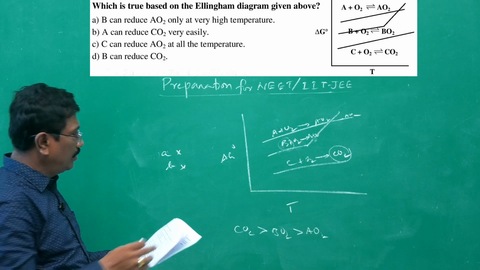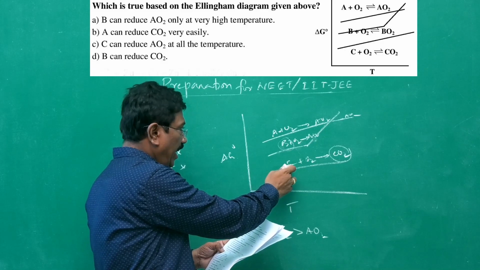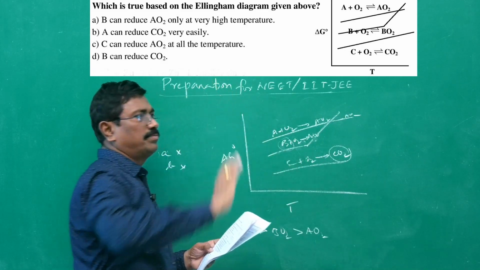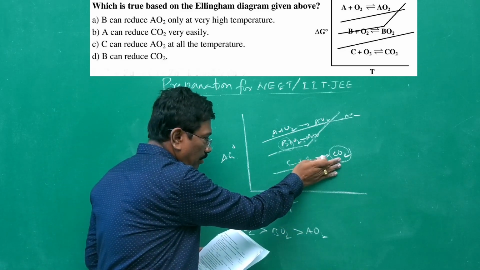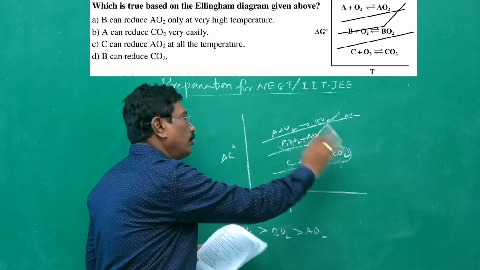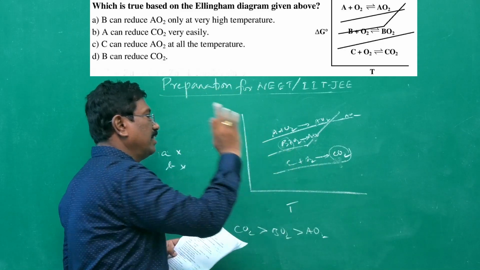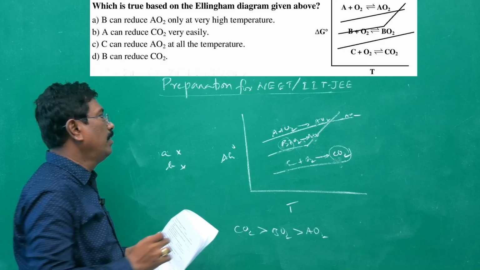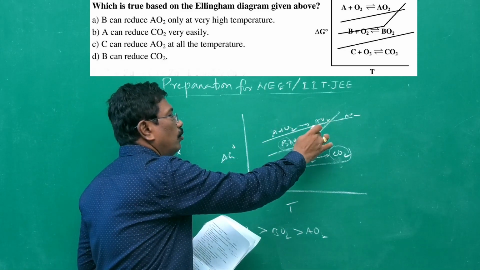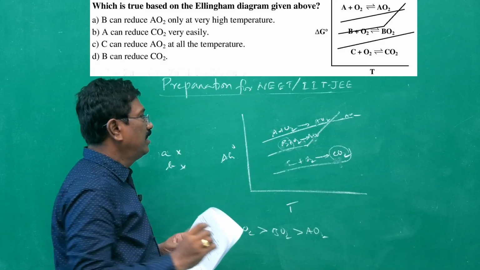C can reduce AO2 at all temperature. Yes, C can reduce AO2 as well as BO2 because CO2 is more stable. It is not carbon dioxide, because it is given as A, B, C. I cannot say it is carbon. A, B, C are three elements, and AO2, BO2, CO2 are three oxides.